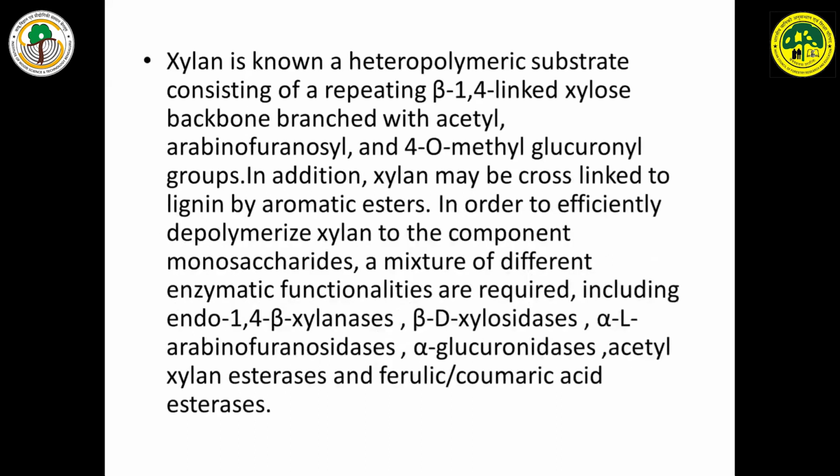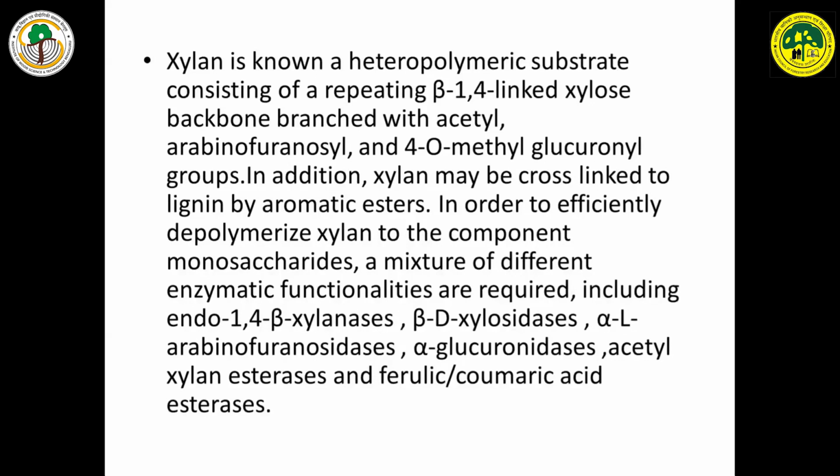Here we are observing the structure of xylan. Xylan is a heteropolymeric substrate. Heteropolymer means it contains different types of monomeric units, not only one. So different types of monomers are present in the xylan polymeric material. Xylan is the major part of hemicellulose.